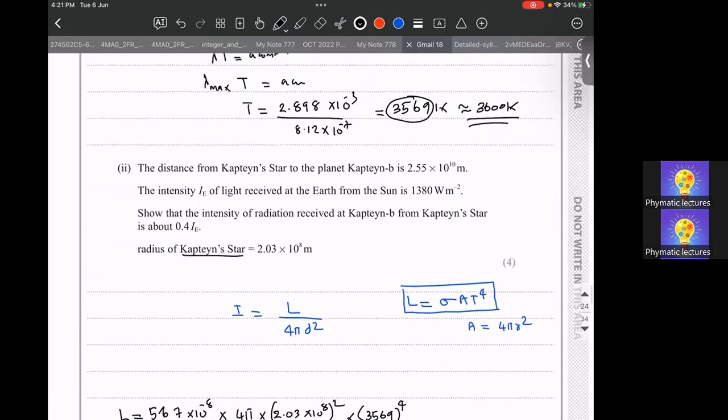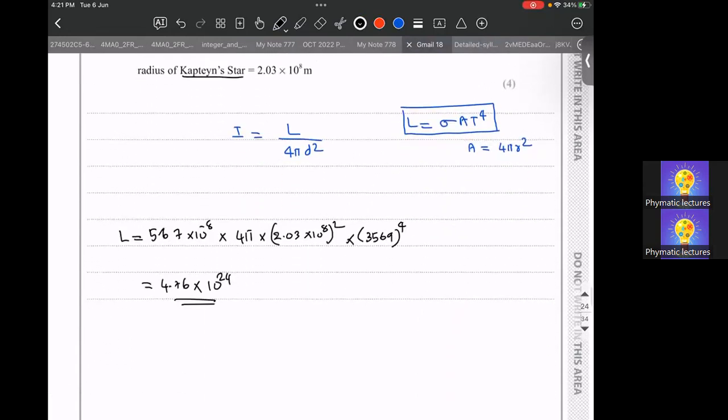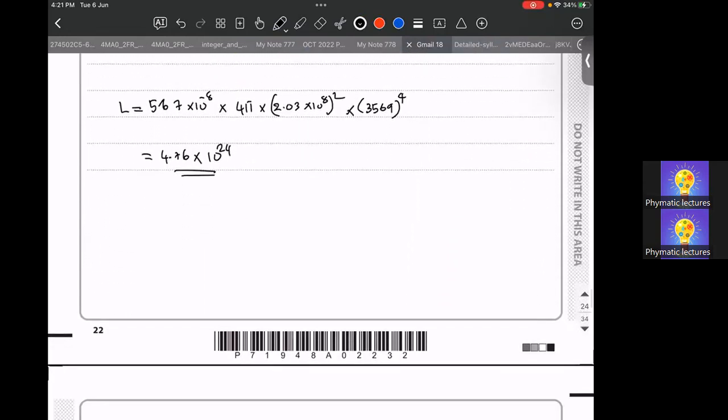Now, what is the intensity received on Earth from the Sun? It is 1380. Show that the intensity of radiation received at the planet from the star is 0.4 IE. So please calculate the intensity in this case.